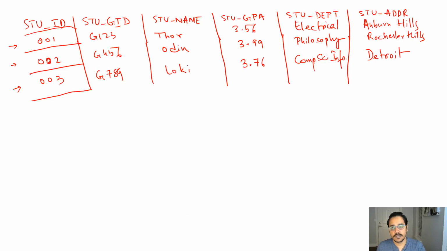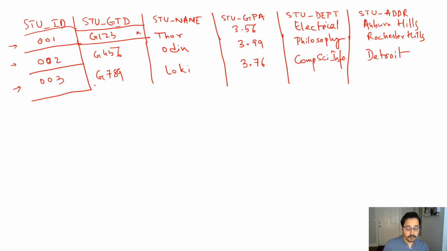So that means the intersection of, let's say, this row and this column has a single data value. Okay, you remember, we cannot have data structures similar to that of an array or stack or something along those lines in a database. It is always a single value.